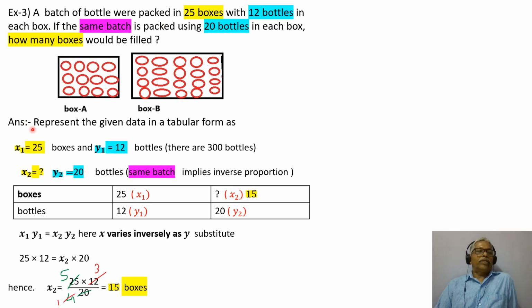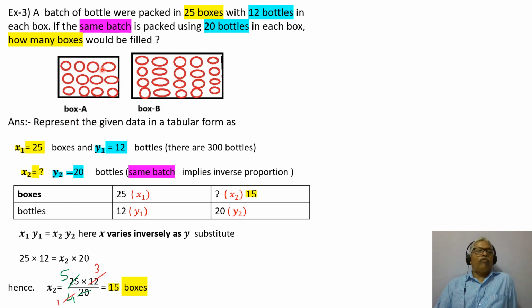Answer: represent the data given in tabular form. If we denote boxes by x, then x1 is 25 boxes, y1 is 12 bottles. You can see there are 300 bottles.